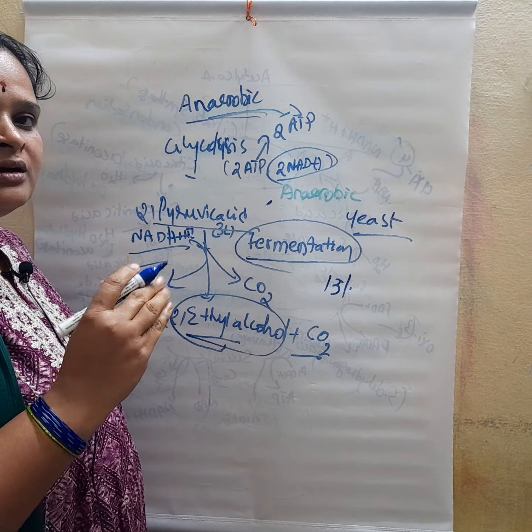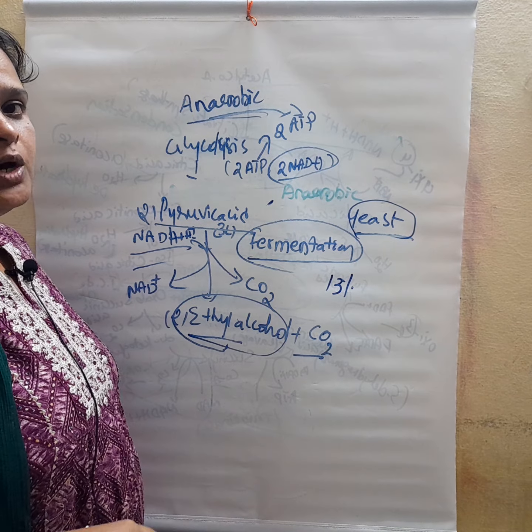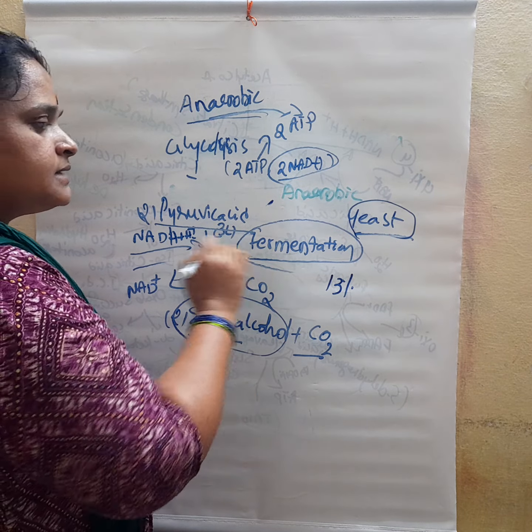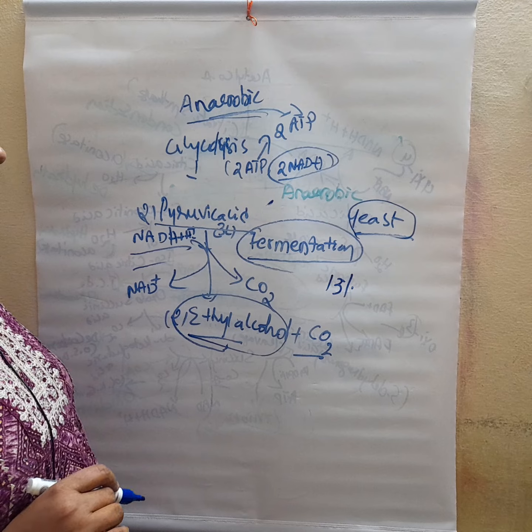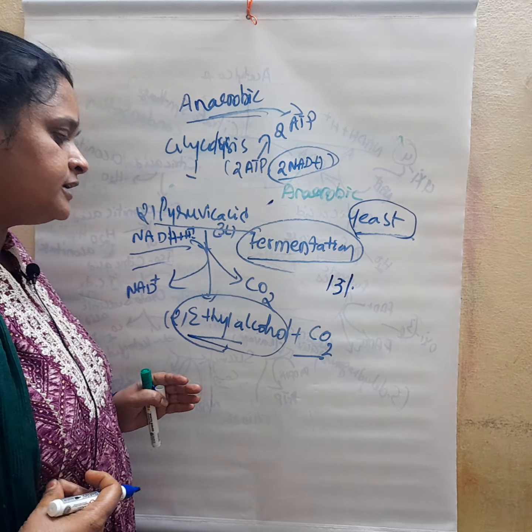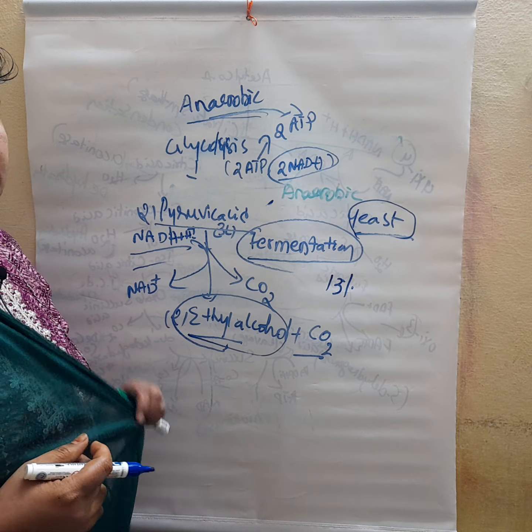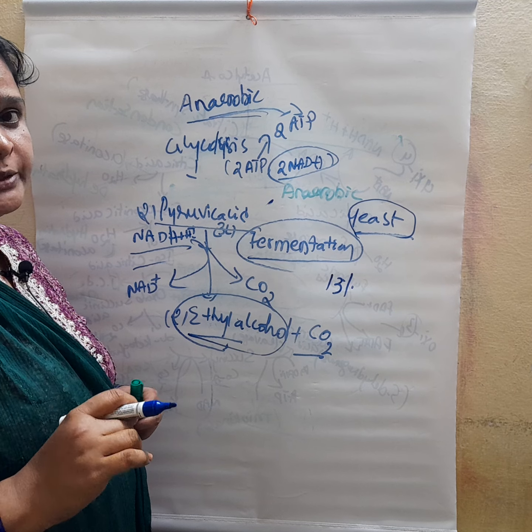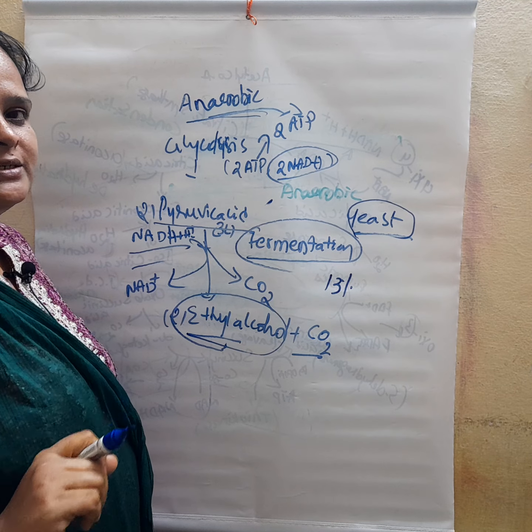Yeast is comfortable with an alcohol percentage below 13%. So this is about fermentation. What is the ultimate product of fermentation? Ethyl alcohol and carbon dioxide, and only 2 ATP is generated.